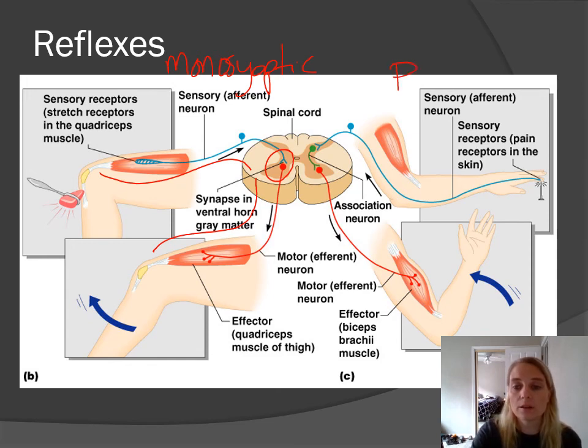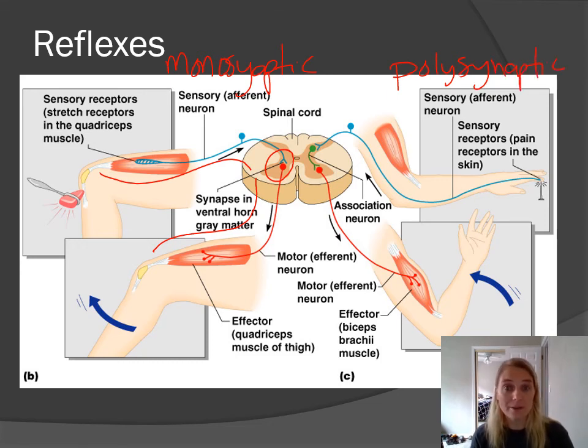This one over here is called polysynaptic, because poly means many or several, and synaptic means synapse. If we look at the integration center on that side, there are at least 2 synapses. These are pretty simplified. Some polysynaptic reflexes can have hundreds of synapses.